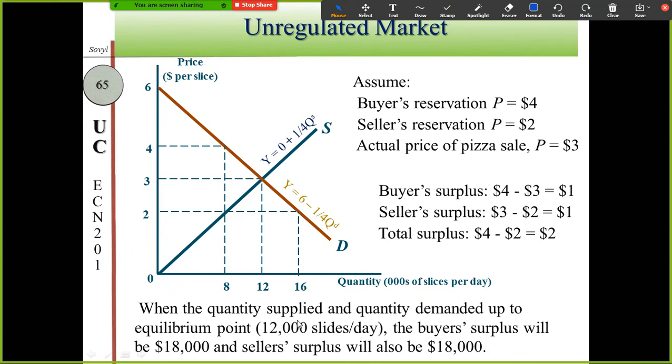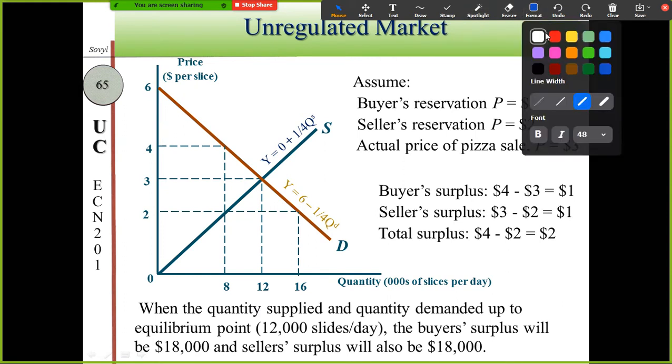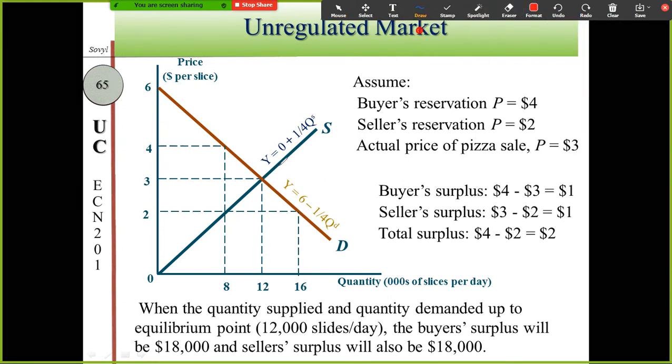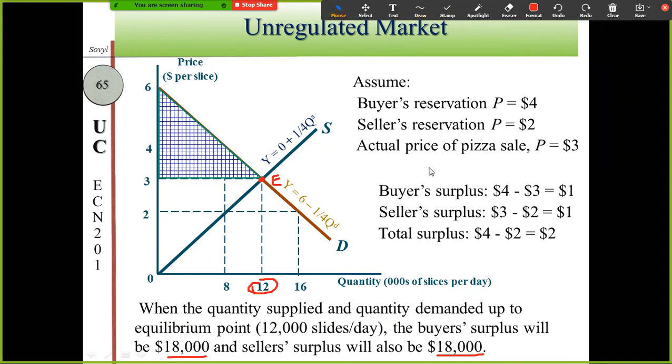When the quantity supplied and quantity demanded reach the equilibrium point, where is it? Equilibrium point is here. The equilibrium quantity is 12,000 slides per day, and the buyer surplus will be 18,000, and the seller surplus also 18,000.